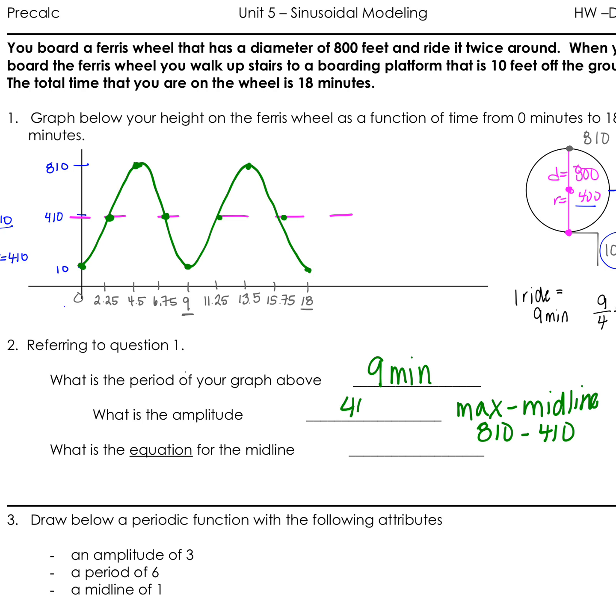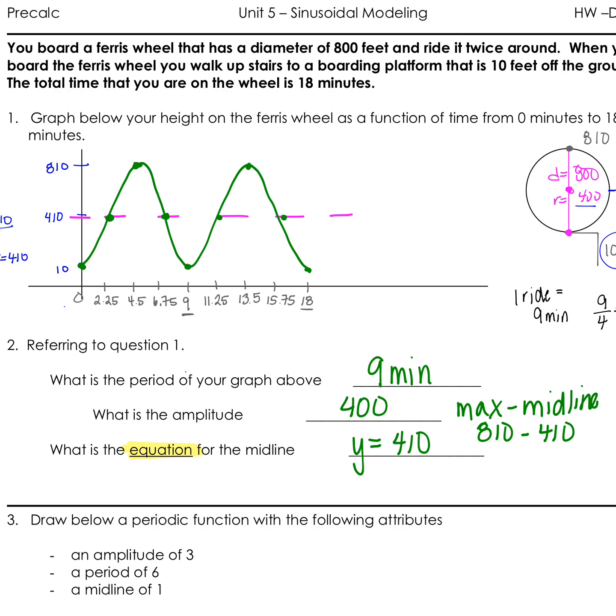That puts us at 400. What is the equation for the midline? Y'all are pros at this by now, right? It's y equals, well, what is our midline? 410.